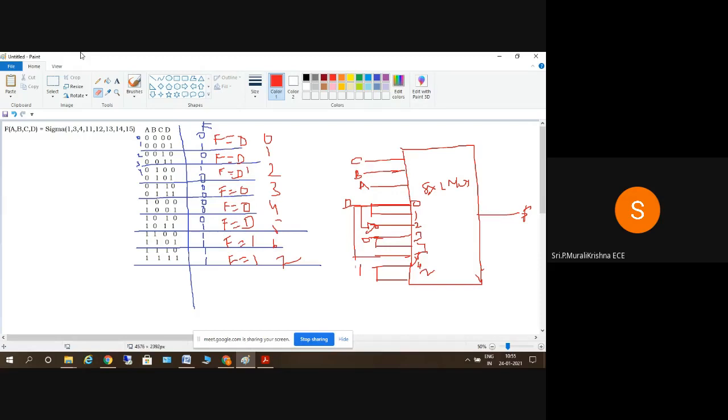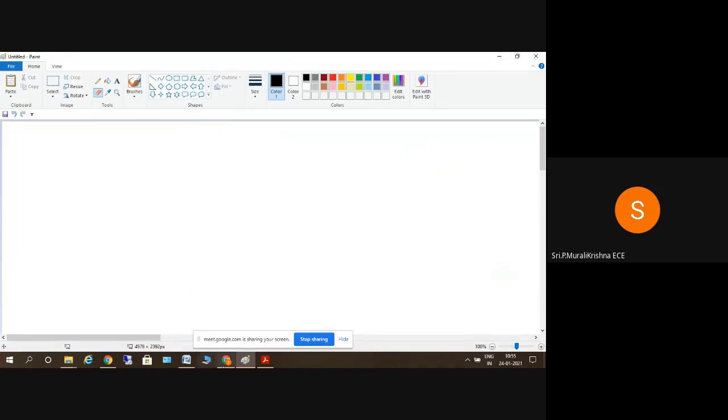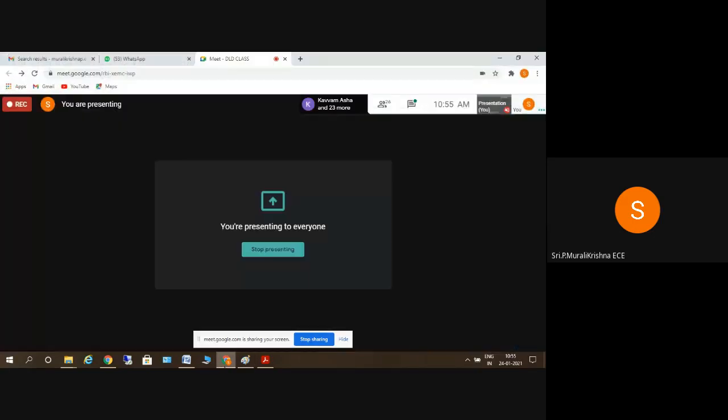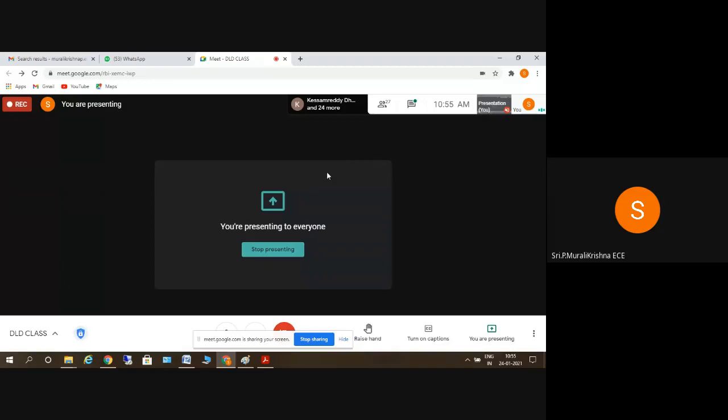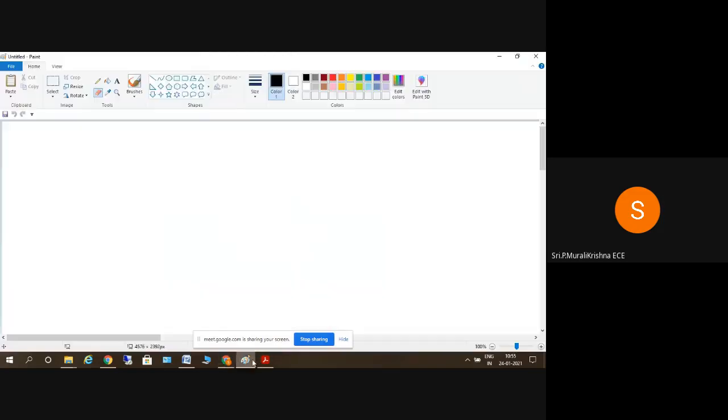So first draw the truth table for the full subtractor.